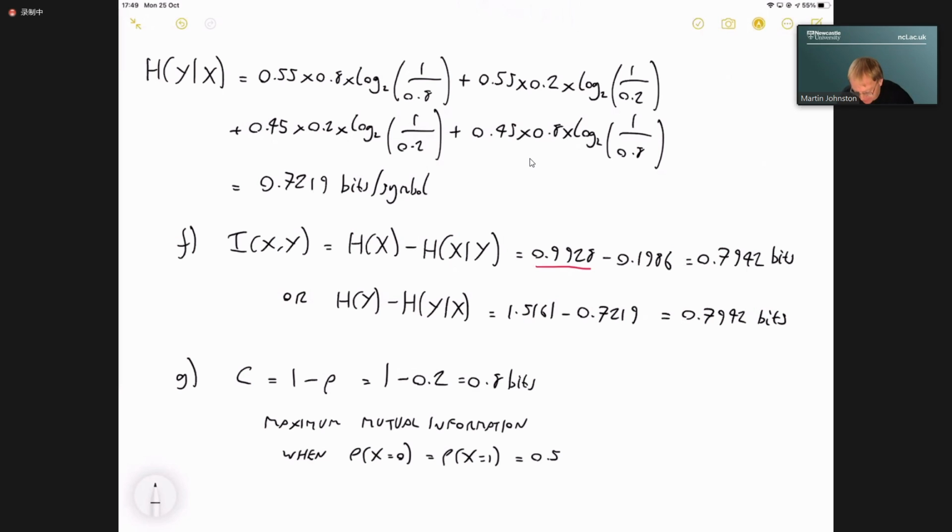But you can see that we are very close to 0.8, 0.7942, and that is because the probability of X equals 0 is nearly the same as the probability X equals 1. So they're not the same, but 0.55 and 0.45 are quite close. So for that reason, the mutual information is close to the capacity. Okay, so that's the significance of the numbers we've calculated.